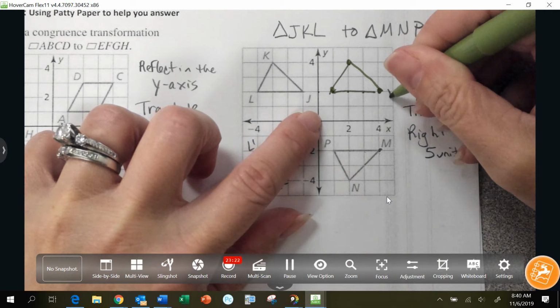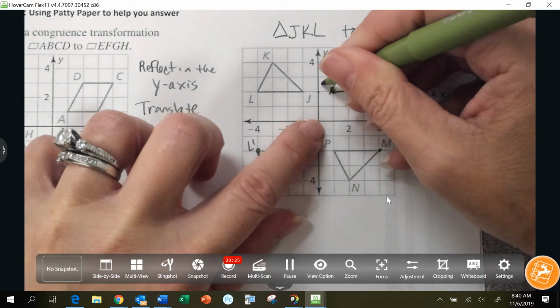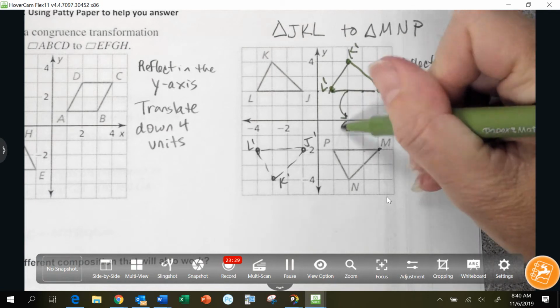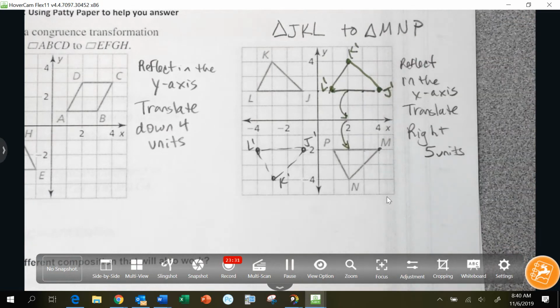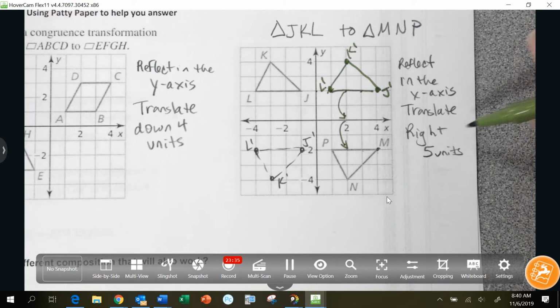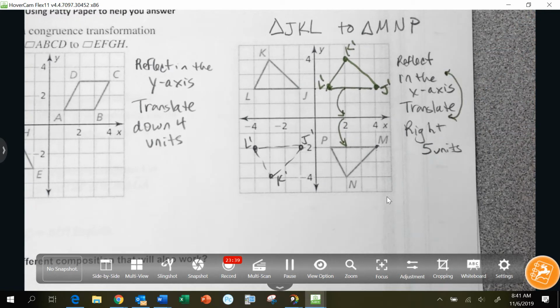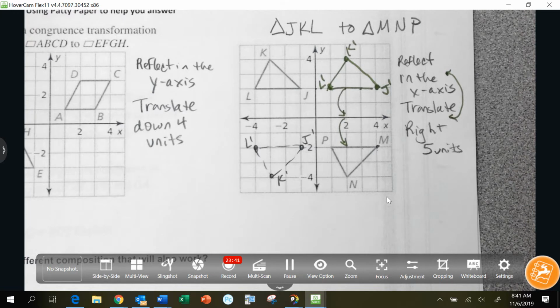So that would be J prime, K prime, L prime, and then reflect in the x-axis. It's kind of saying the exact same thing, but just in the other order, and that would also work. Does everybody have a different one? Okay.